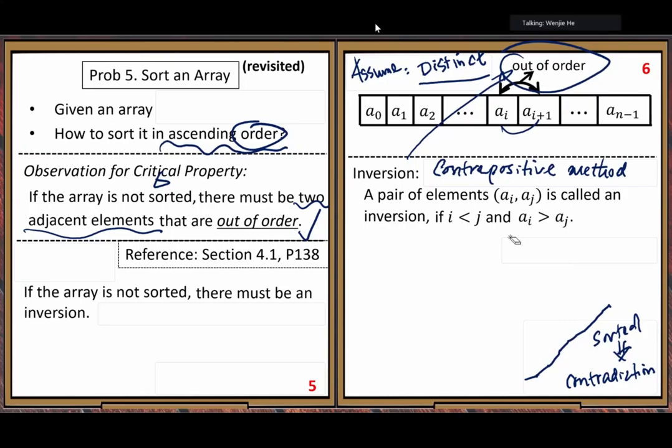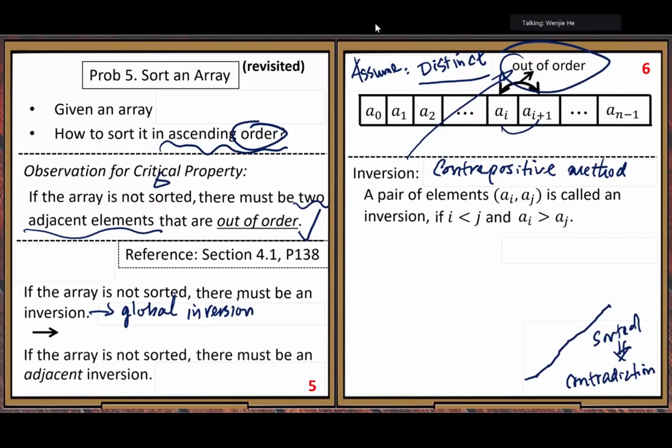The other statement is the adjacent inversion. We just use the inversion concept to write the same statement.